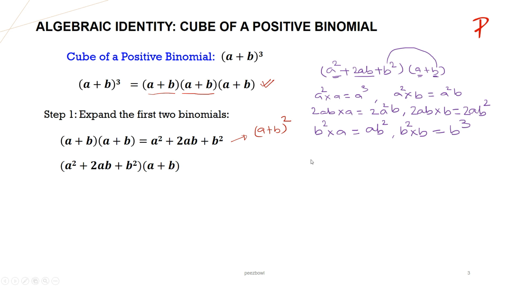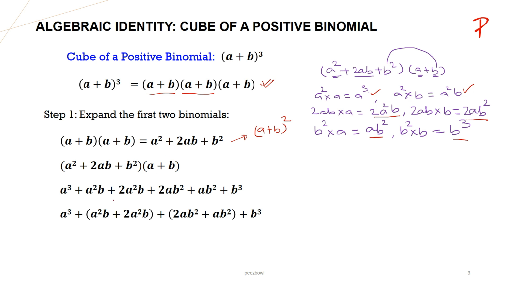This is what we get after multiplying a square plus 2ab plus b square by a plus b: a cube plus a square b, then 2a square b plus 2ab square, then ab square plus b cube.